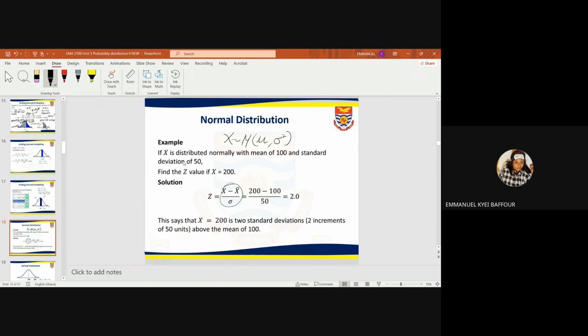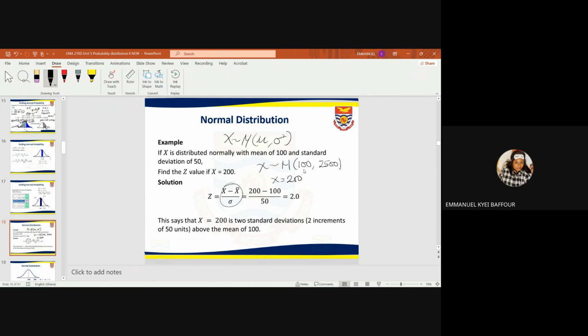So you can get a question that would have been written as, let's say, X is normally distributed with the mean given as 100 and the variance as 2,500, and ask you to find the Z value if X is equal to 200.